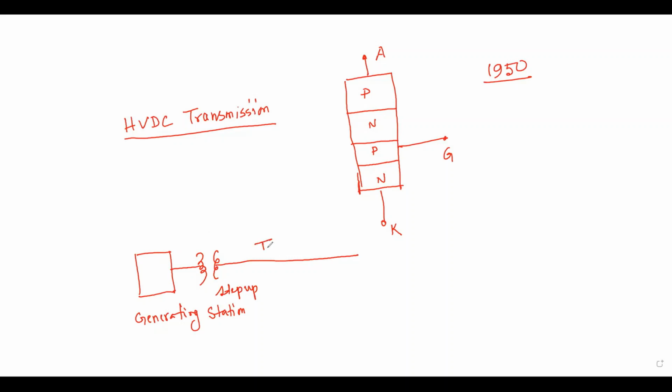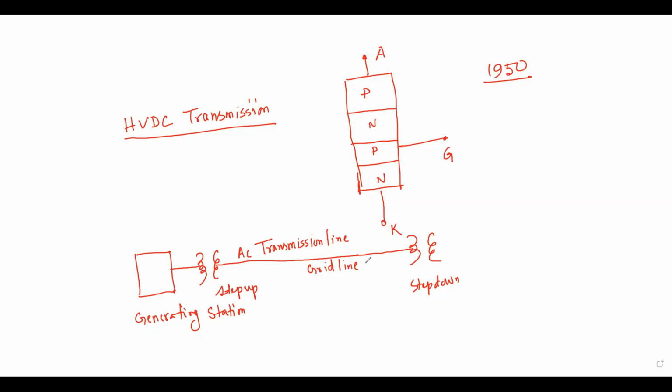And this is your transmission line, AC transmission line. And then at the end, we use another step down transformer.